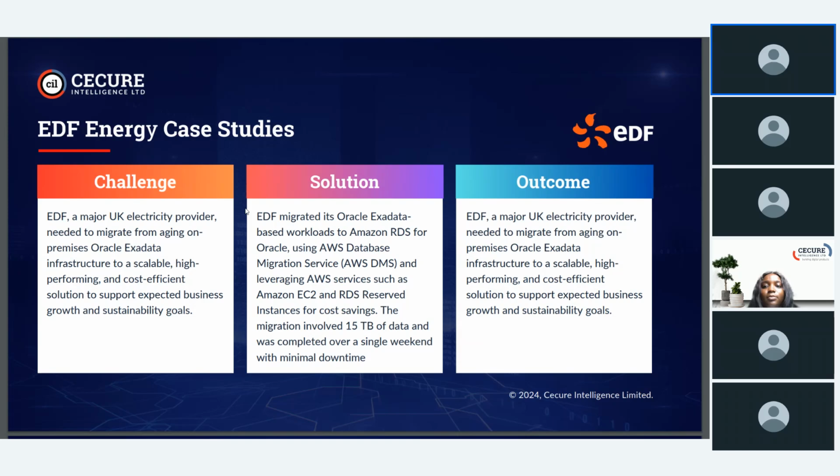EDF UK also experienced those problems, and that is why they decided to migrate their workload to AWS. By migrating, they used Database Migration Service, and they were able to have a scalable, high performing, cost effective solution.